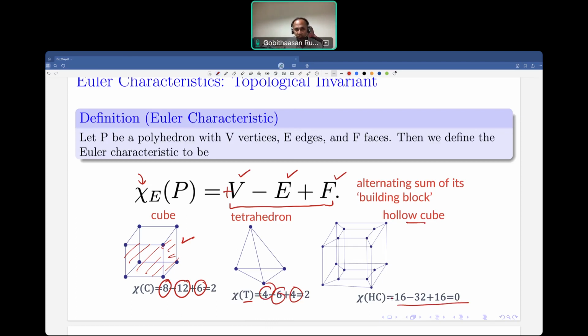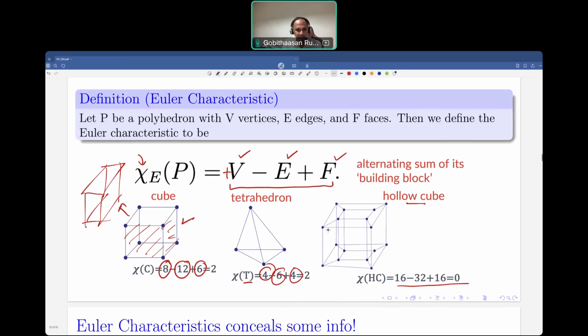This one number represents the shape's information. When the shape is similar, for example, if you take the cube and enlarge it, or maybe expand one part, the Euler characteristic does not change. Okay, it won't change.